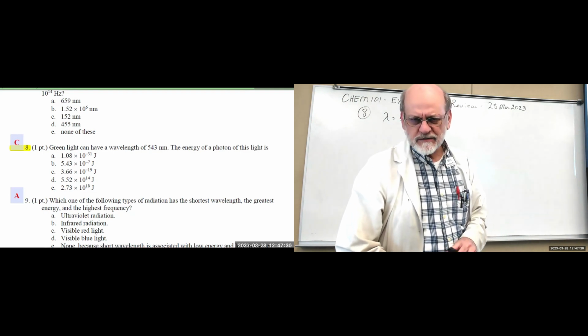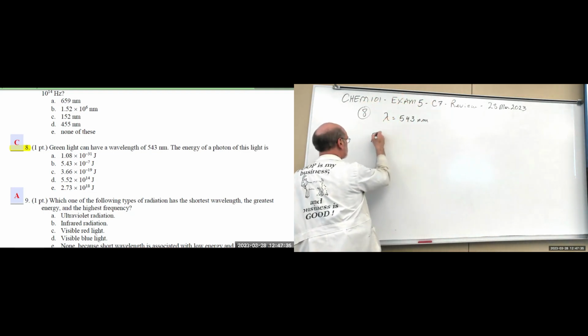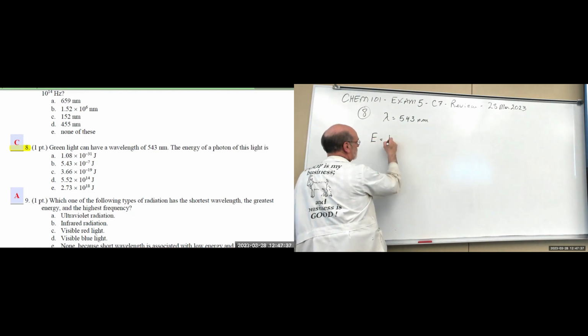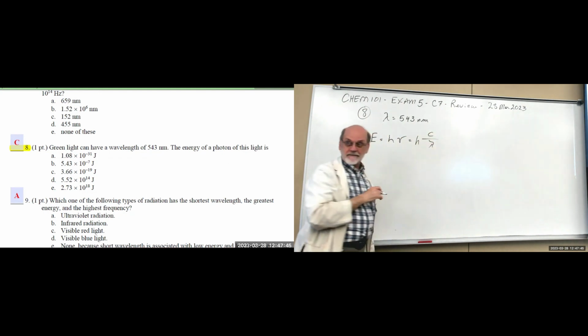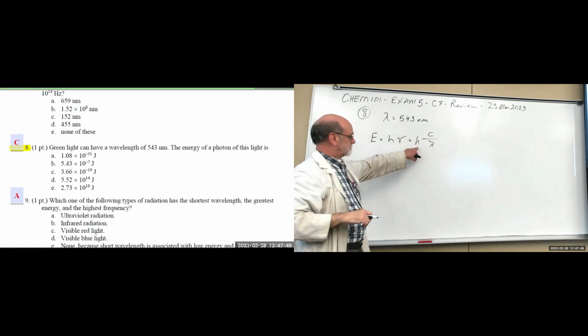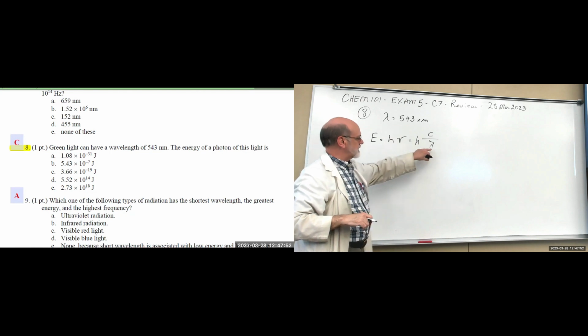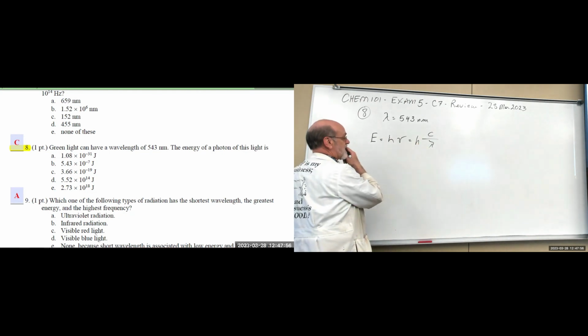The energy of a photon of this light is, okay. So we want the energy, right? This is one expression. What's the other expression? Planck's constant times C divided by lambda, derived from the relationship of frequency and wavelengths and the speed of light.